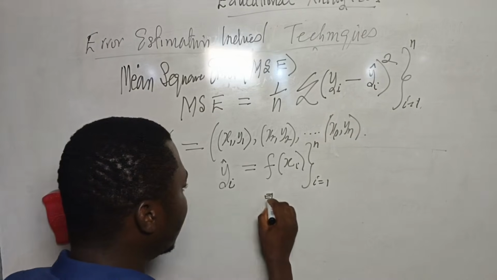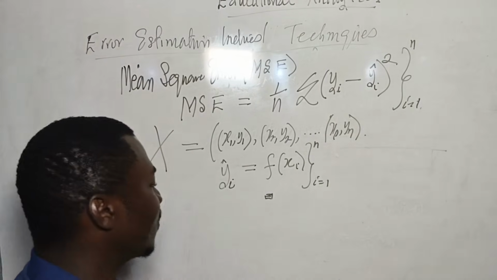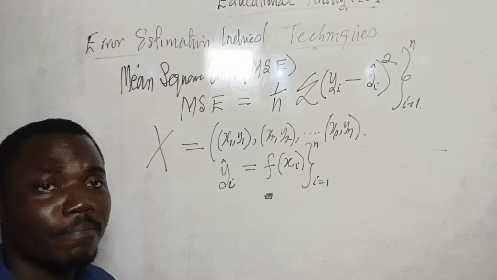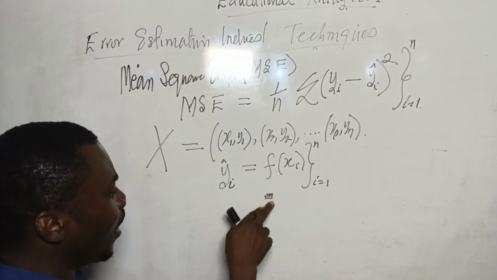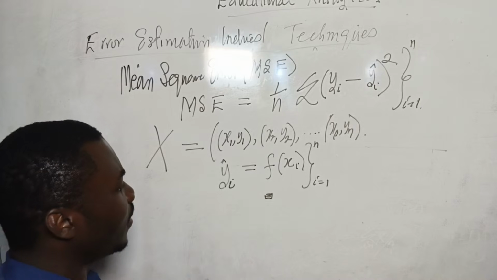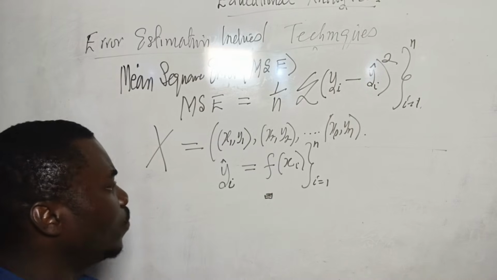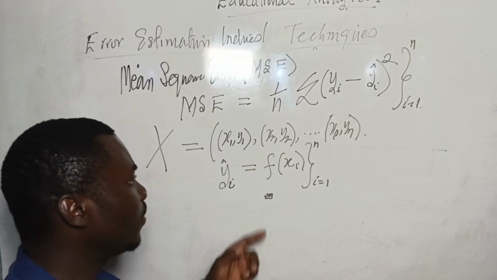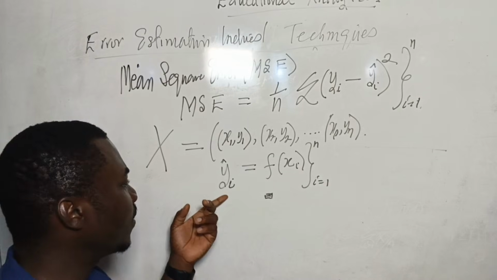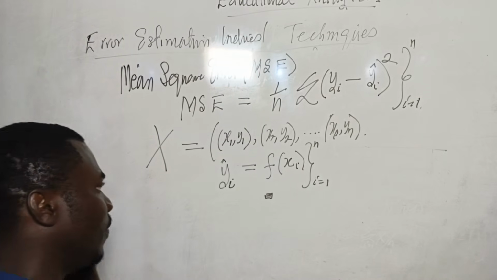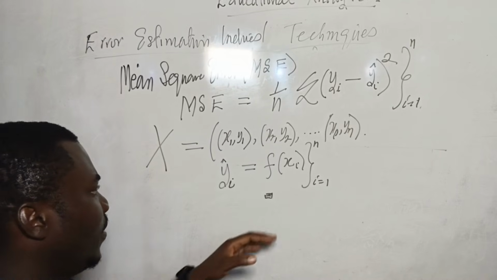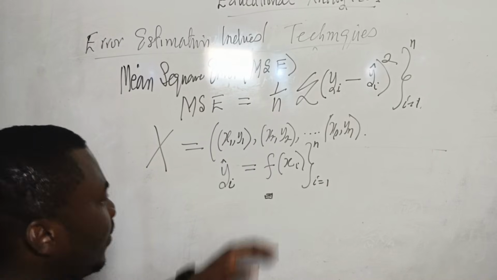Now this transfer function is embedded in the algorithm that you want to use to determine or to predict the data set. So it is inherent in the hidden layer, so to speak, in that model.